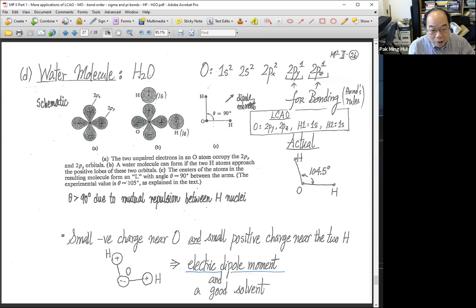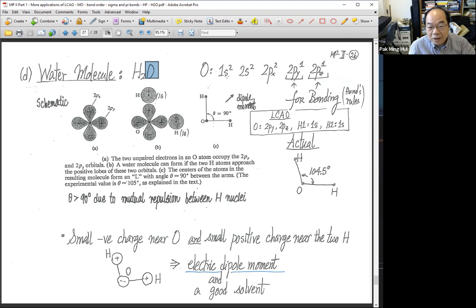within our viewpoint. So hydrogen, easy, just one s. The electron is in 1s, therefore you can imagine I will use a hydrogen 1s, but I have two of them, okay, to form bonds.